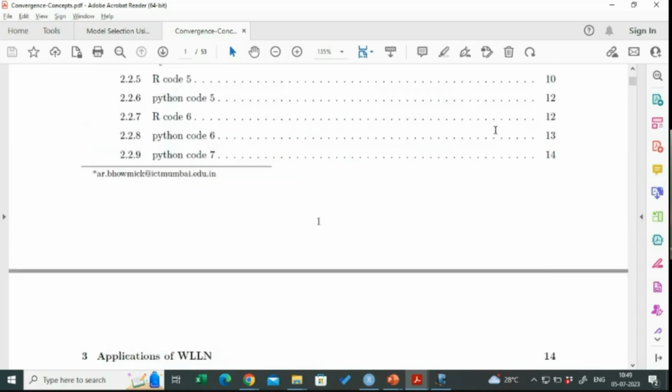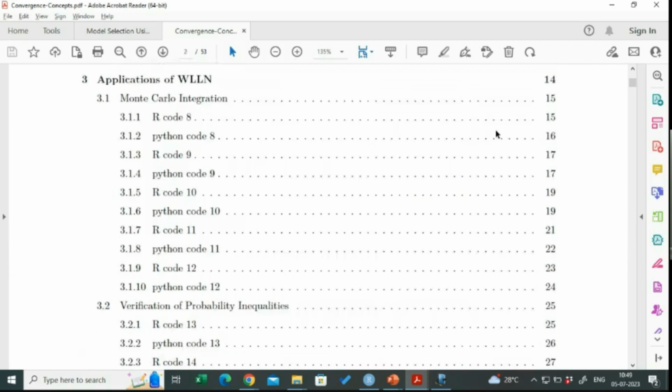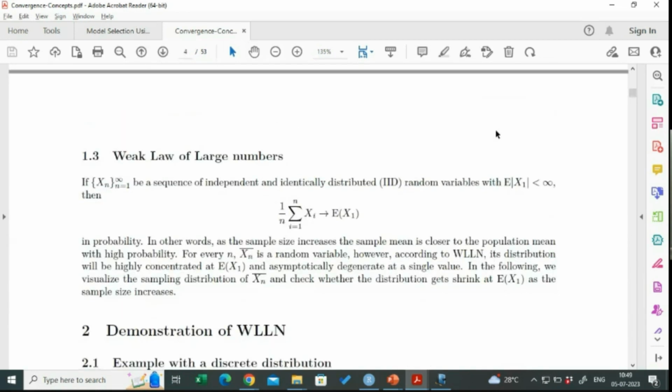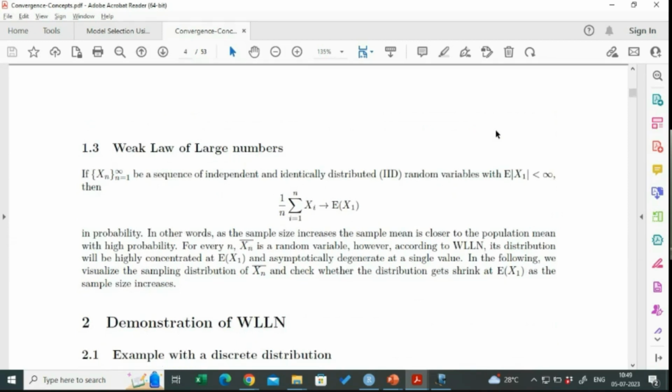So one of the ideas that people always use is the weak law of large numbers. It only says that the sample mean converges to the population mean. The idea is very simple. A typical example statisticians give: my class has 150 students, and I am interested to know the mean height.